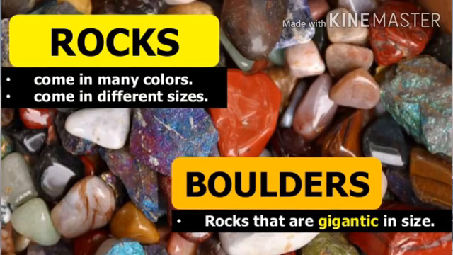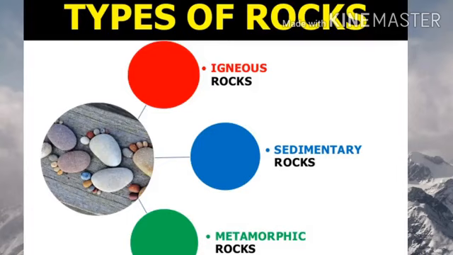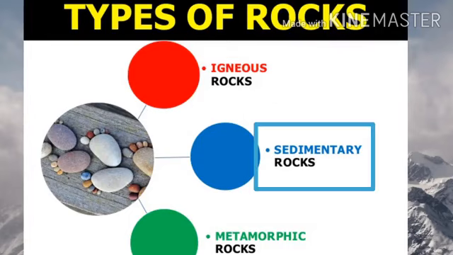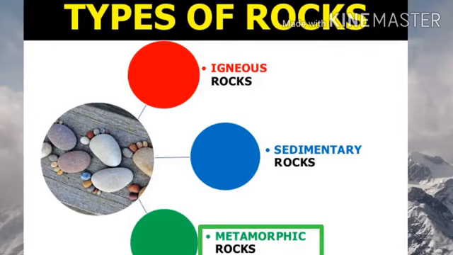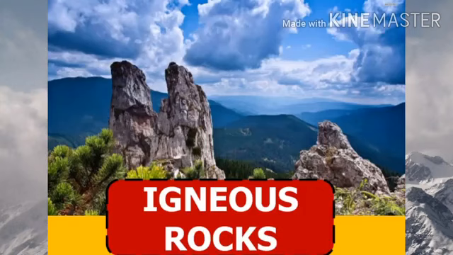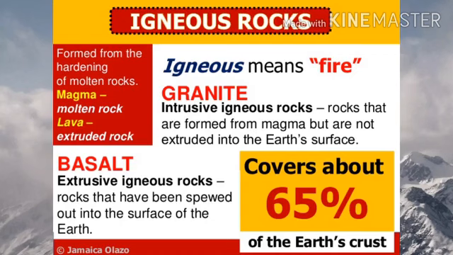Rocks are classified into three chief groups. One, igneous rocks, second, sedimentary rocks, and the third one is metamorphic rocks. So first we will see the igneous rocks. The word igneous is derived from the Latin word ignis, which means fire.